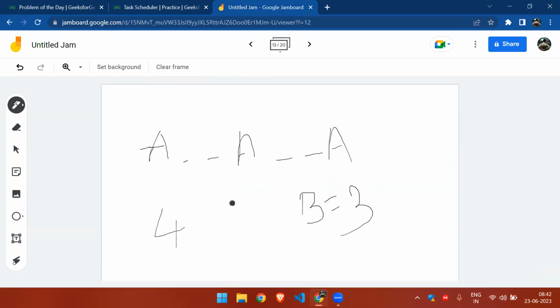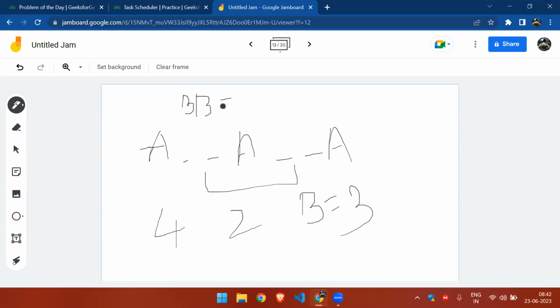It is 3, right? So the number of chunks we are having is 2. If you think carefully, you will find out that we cannot place these 3 B's in the 2 spots. They will be adjacent, so it will be wrong. We cannot have two adjacent same tasks together.